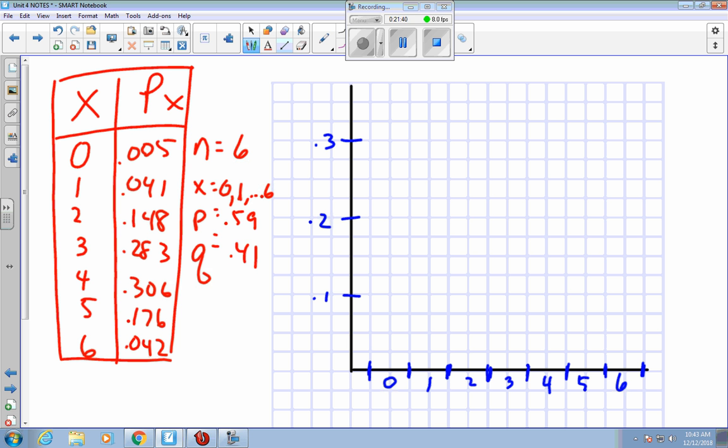Just make sure you're very careful. Okay. This middle here, how would I write that as a decimal?